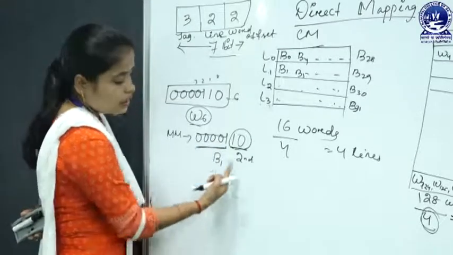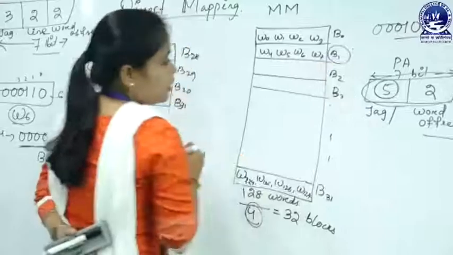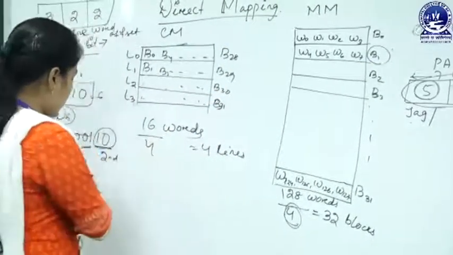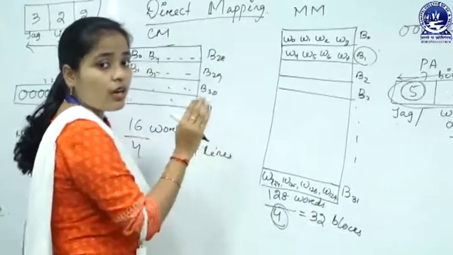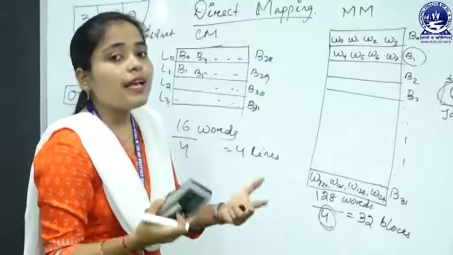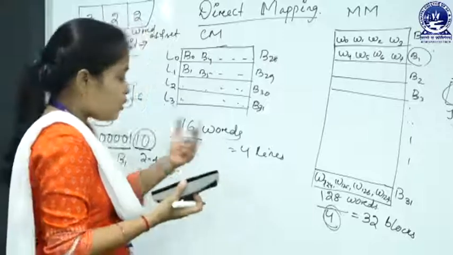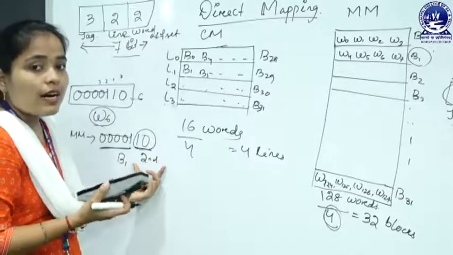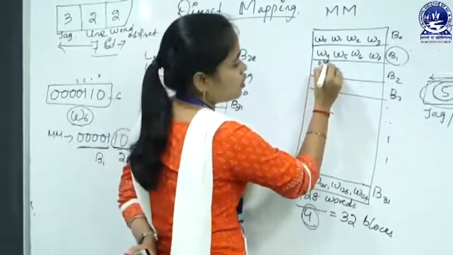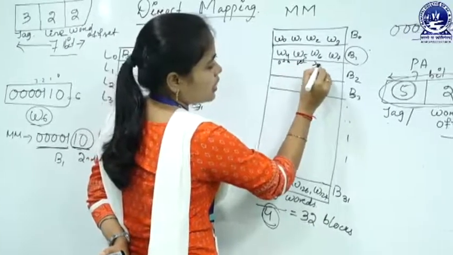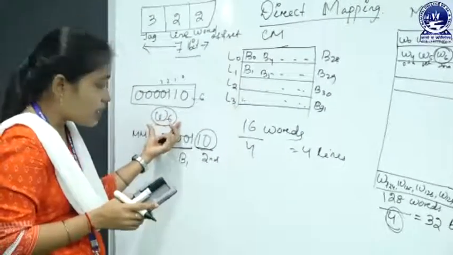That means B1, and it is the second word. You have to go to B1 first because it is stored in block 1. Then in block 1, what is the place of the word? The word is present in the second position: 0th, first, second. Here you will get word number 6, what the CPU wants.